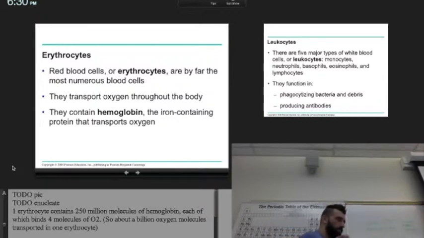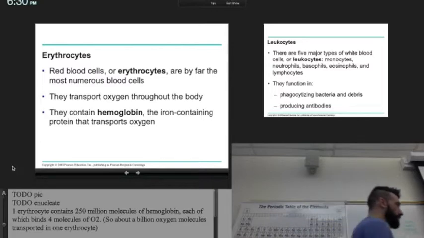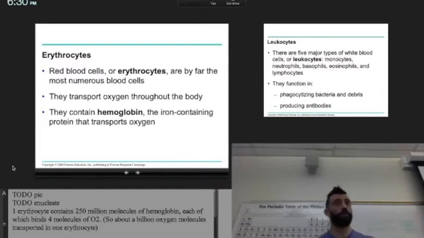So basically, they've removed everything to accommodate hemoglobin. That's pretty much all they do. Even the shape of the erythrocyte is optimized so that there's a lot of surface area that allows diffusion of oxygen into red blood cells.